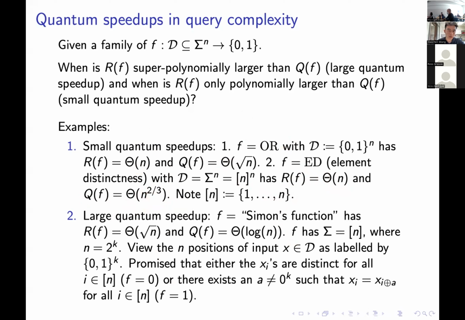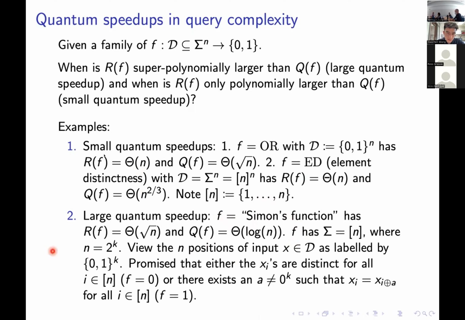But I suppose the reason why many of us are interested in quantum computing and why there's so much investment in this area is because we're interested in large quantum speedups. An example in this category is when f is the so-called Simon's function defined by Simon in 1997.